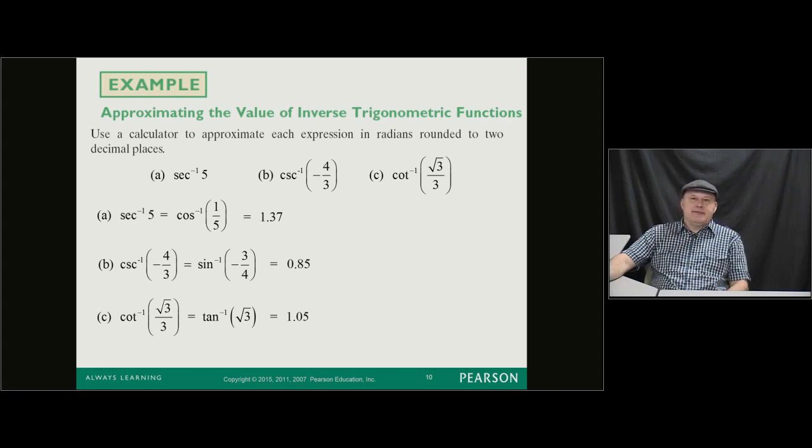And you just have to make sure, if you punch it into the calculator and it says domain error, what's happening is the original number is not in the domain of the inverse trig function to begin with. If you get a domain error, that's really what's happening. They're basically asking you to do something that's impossible, and that's the only time you have to make a correction there.